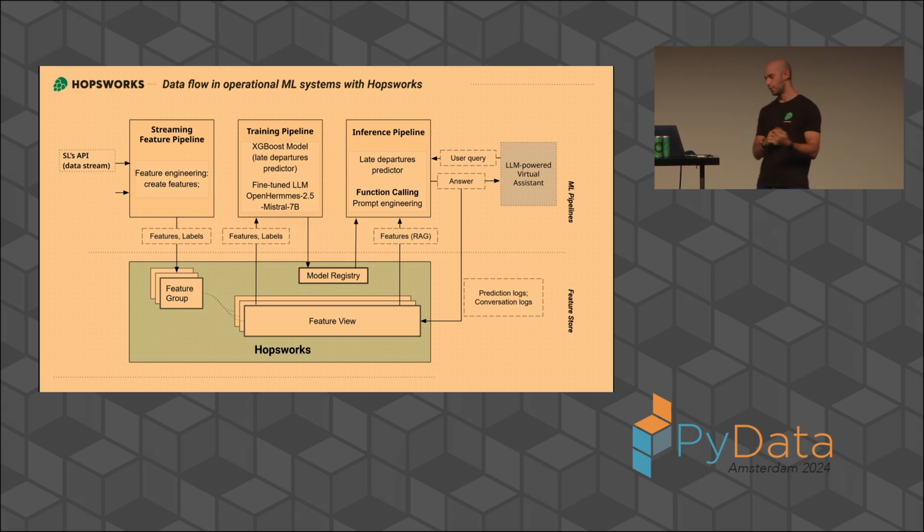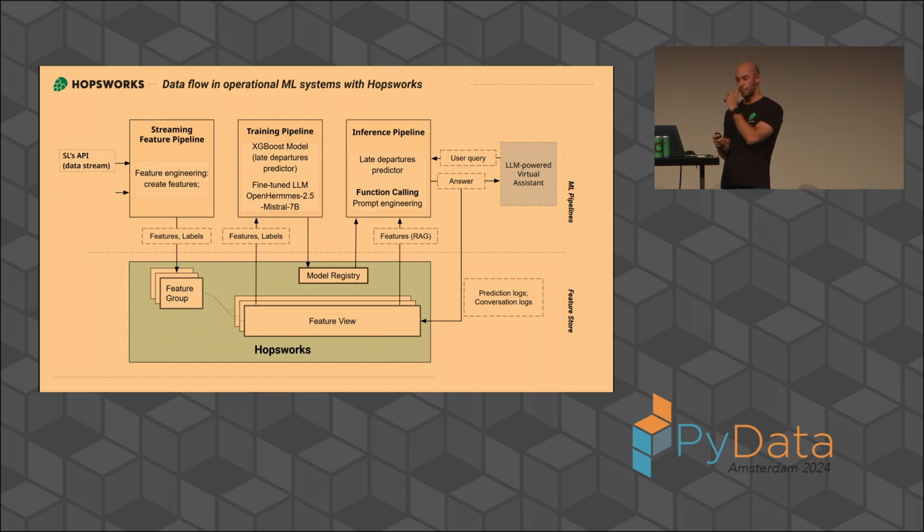Using the diagram before, what we will have as raw data is a data stream. I will be running a program on the laptop that pulls information from the SL API. This is real-time information about departures.